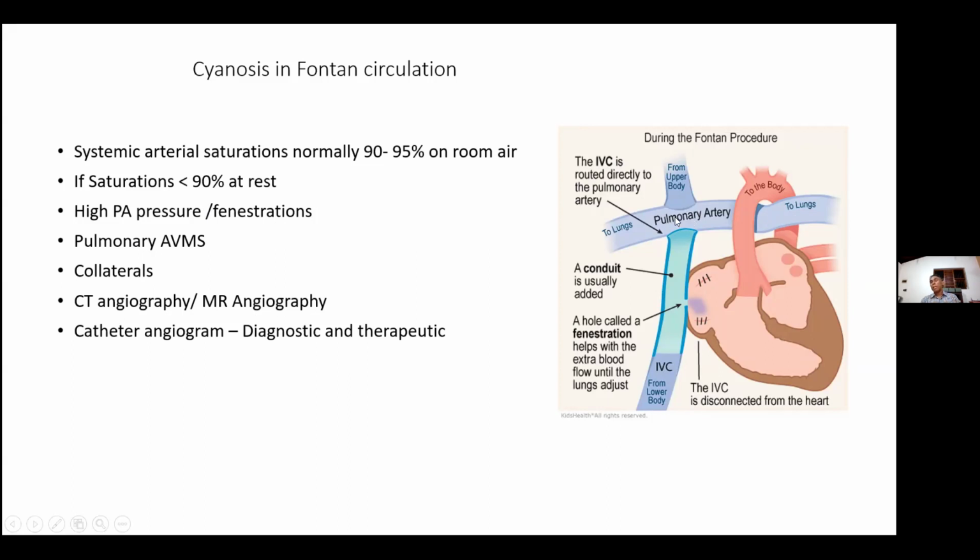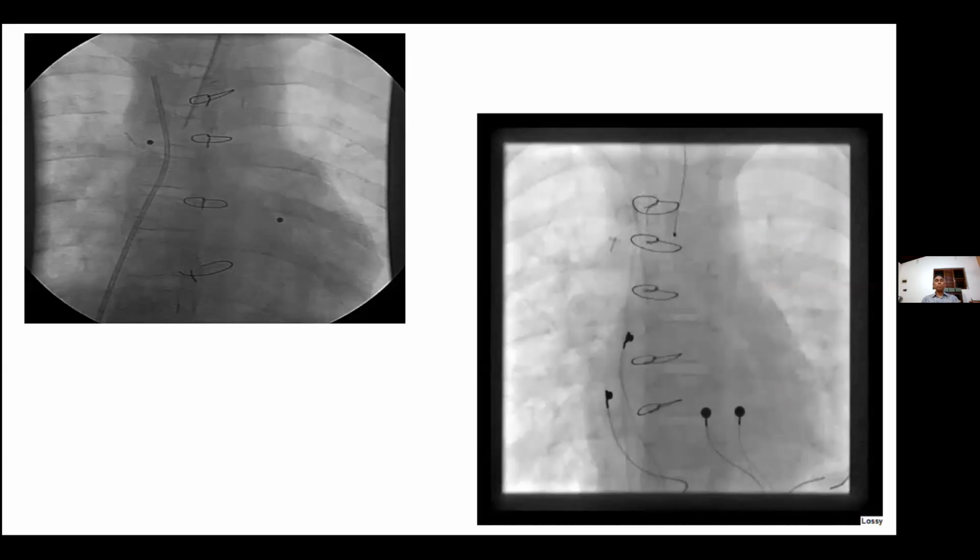Pulmonary artery blood will come directly into the LA or directly reach the pulmonary vein, which is a pulmonary arteriovenous malformation. Sometimes they form collaterals. So you manage them. Here, the main diagnostic modality is cardiac catheterization. And if we see something, we will call them and occlude them.